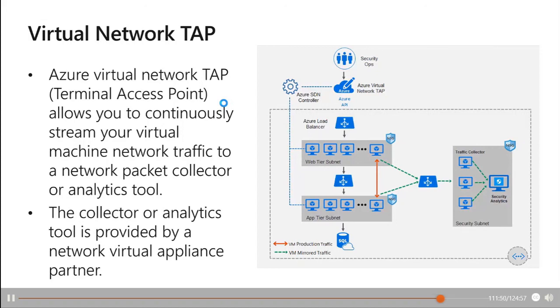So traffic goes, but I can just connect this, and all the traffic goes to that place, and then that collector can do some analytics on the data that it is collecting and see patterns or see if something wrong is there, like me sending data to some places that I shouldn't be sending data, and things like this. So you just mirror, as you could see there, the traffic. You have like the VM production traffic over there, and then this could just mirror that traffic.